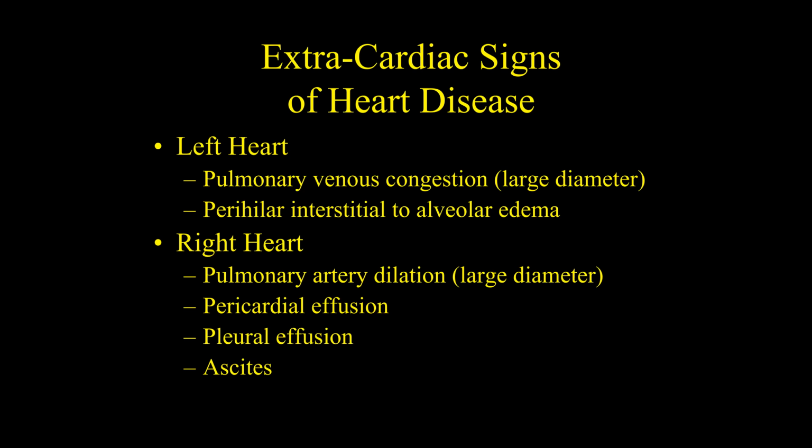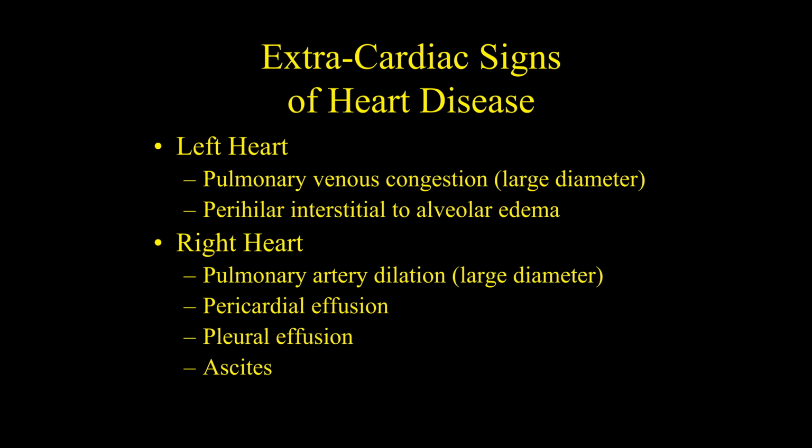Okay, so we get enlarged, dilated pulmonary veins. And when the left heart starts to fail, we get what's called pulmonary edema. Pulmonary edema is actually fluid that is forming inside the lung itself, not around the lung, but in the lung. Okay, so signs of left heart failure would be venous congestion and pulmonary edema.